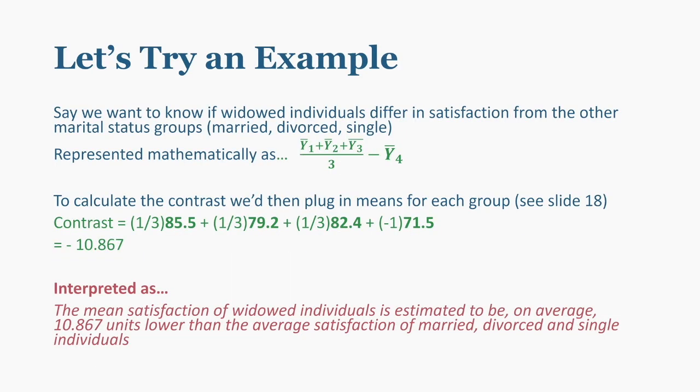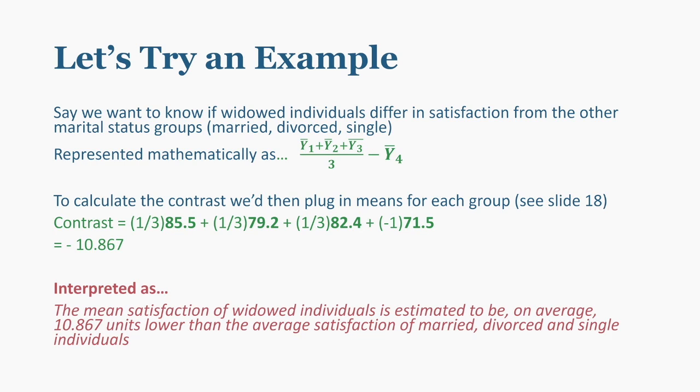Say we want to know if widowed individuals differ in satisfaction from the other marital status groups, so again, that's married, divorced, and single. That's represented mathematically as each of those means divided by 3 minus the mean of our widowed group. To calculate this contrast, we plug in the means for each group: multiplying 1/3 by the mean of the married group, 1/3 by the mean of the divorced group, 1/3 by the mean of the single group, and then subtracting our widowed group.